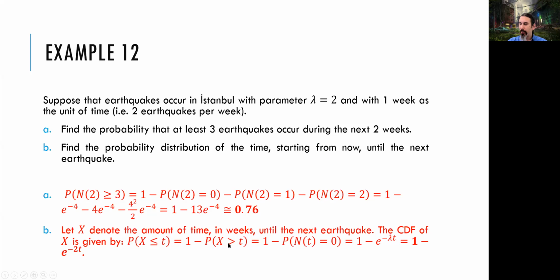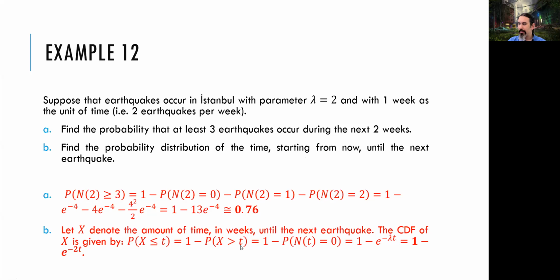Now, when you talk about x greater than t, you're actually talking about this part, because we had used this one to calculate this one anyway. Now, in here, we are looking for 0 earthquakes. Why 0 earthquakes? Because we need to make sure that there are no earthquakes till week t.